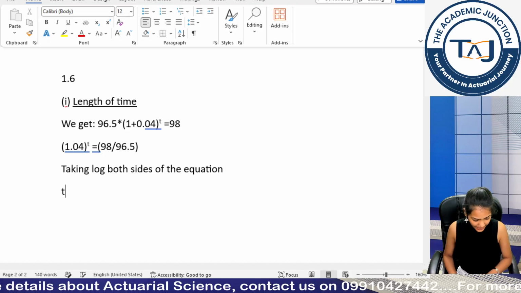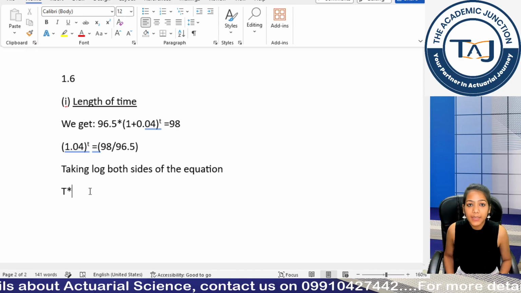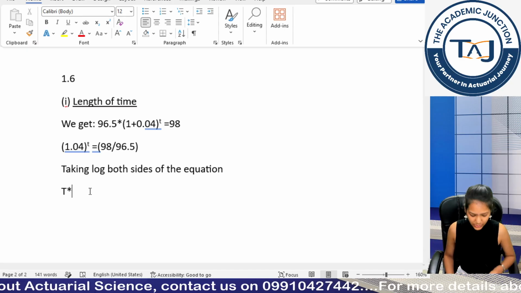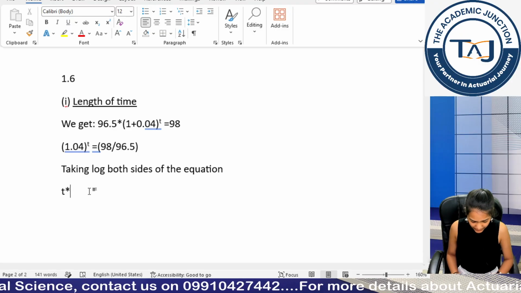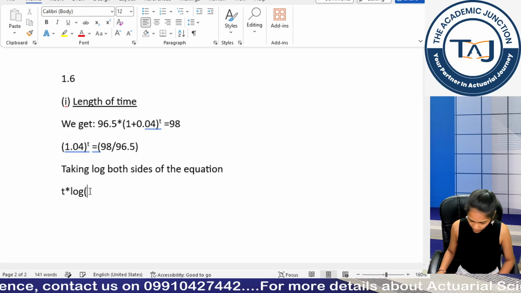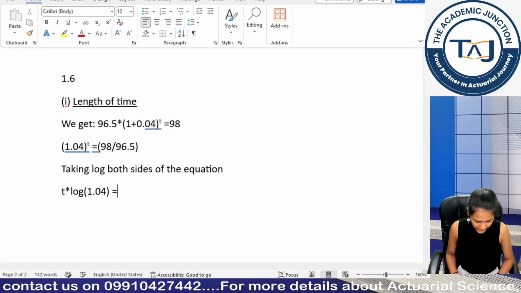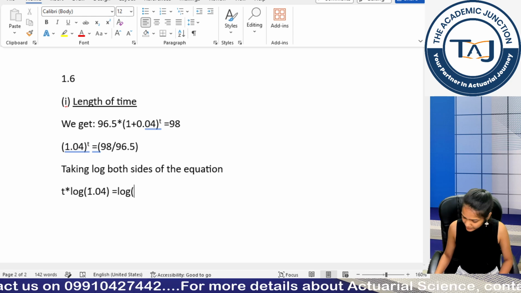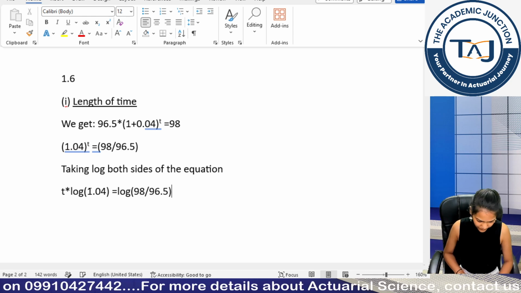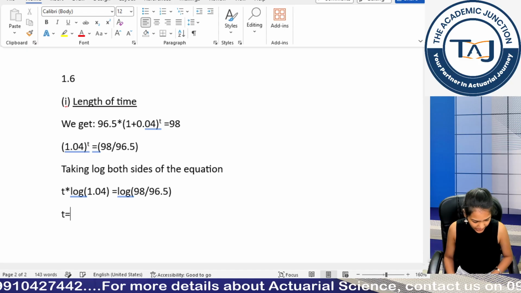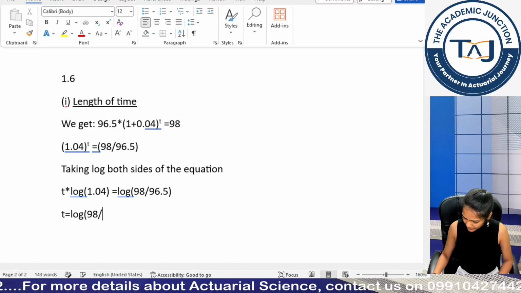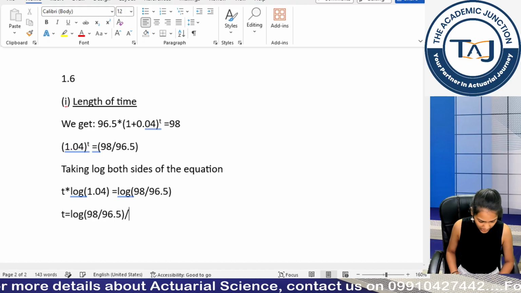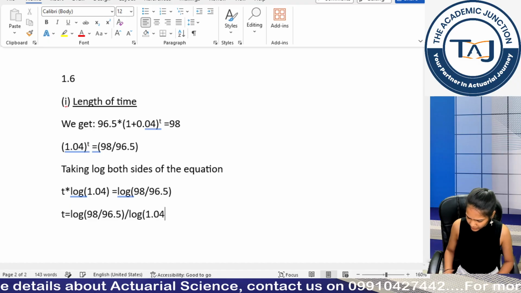What I did was I pressed t, so this became capital, but I wanted a small t, so I pressed Control Z. Then it becomes t log 1.04 is equal to log 98 by 96.5. Then this t becomes log 98 by 96.5 whole divided by log 1.04.